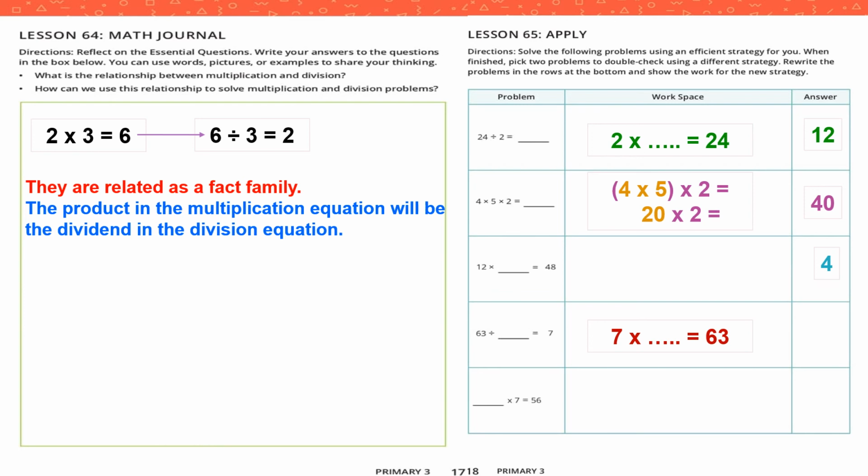Give me 7. From table 7, it's like 7 times what? Give me 36. 9, yes. What times 7? Give me 56. 8, yes, from table 7.